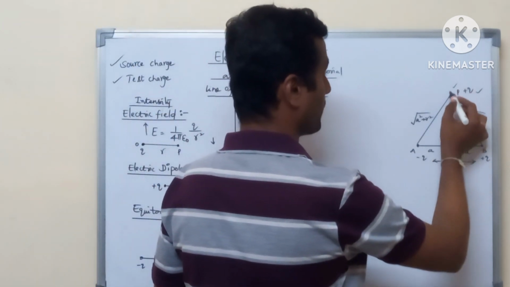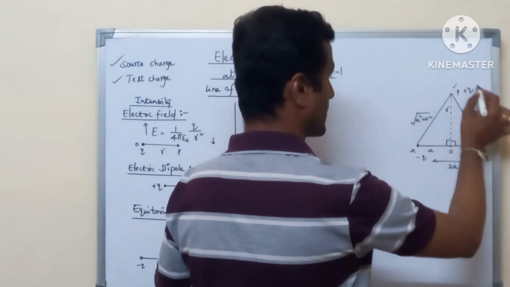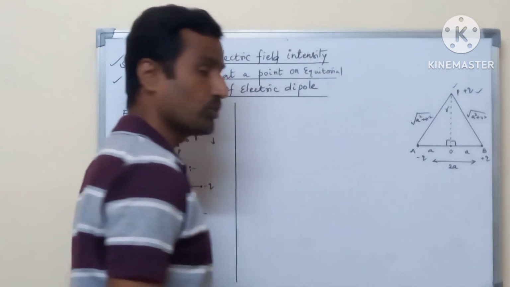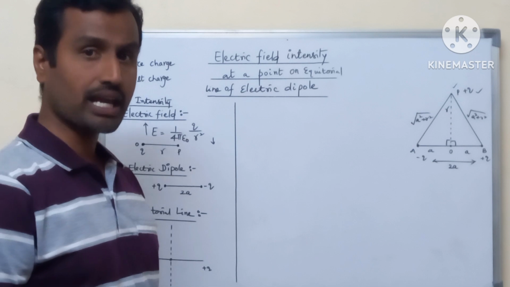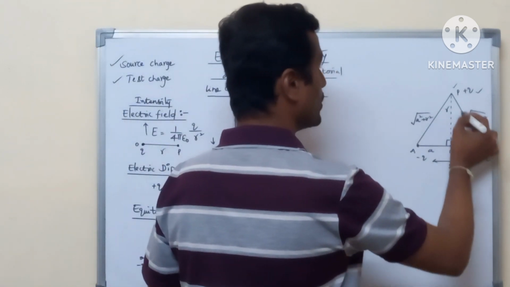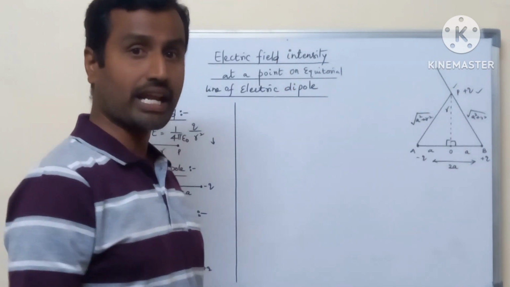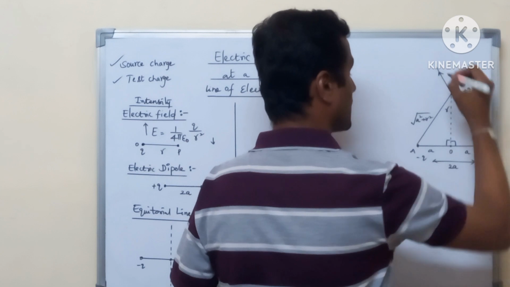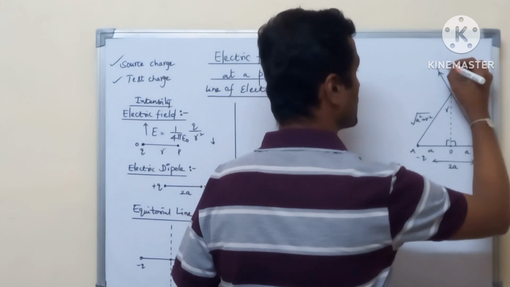Because at point P there exists a positive test charge and at point B there exists a positive source charge, there exists an electric field directed from B to P. The direction of electric field is from B to P because the source charge is positive.